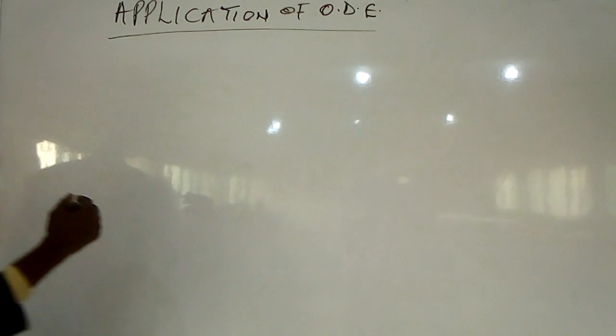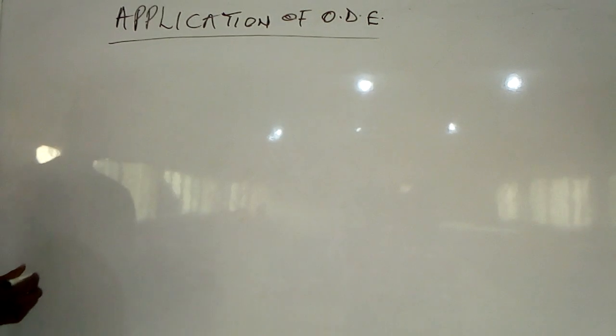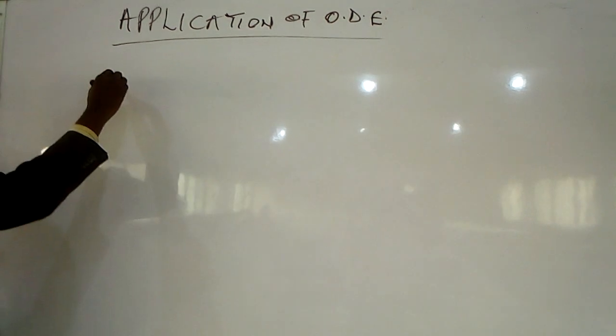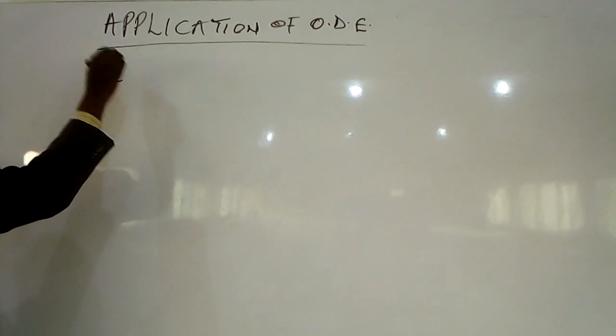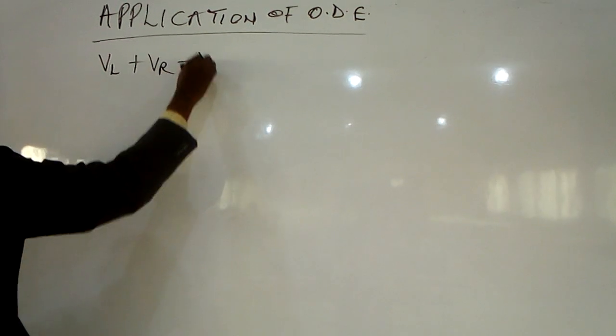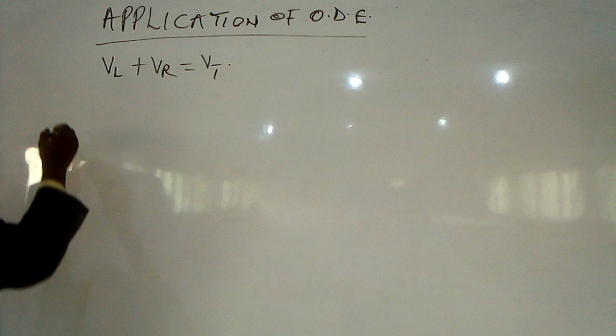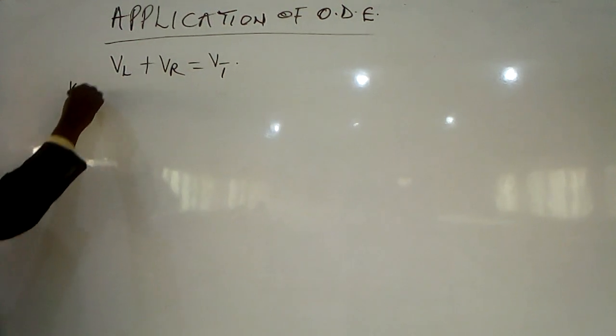We shall now look at a typical relationship in an electrical circuit model, where we look at the voltage across the inductor plus the voltage across the resistor is equal to the voltage of the circuit, the total voltage running the circuit. This was the work of Sir Kirchhoff.